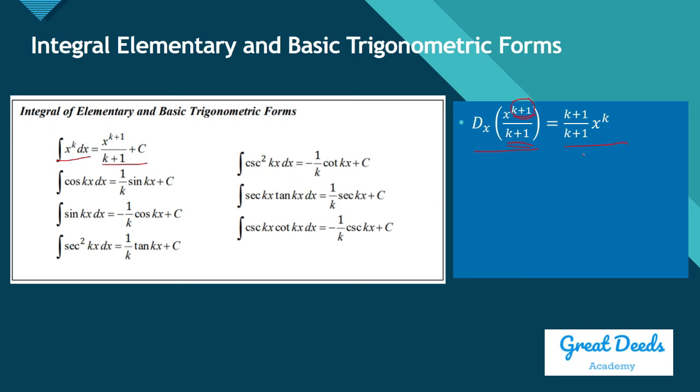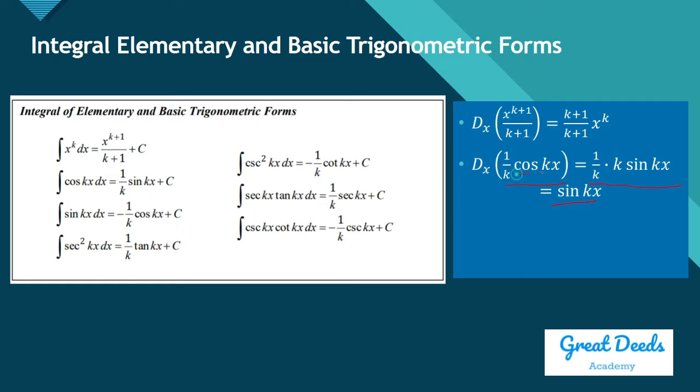This is what you call the power rule when you studied differential calculus. The derivative of 1 over k times cosine of k times x is equal to this. And k divided by k is 1, so it is just equal to sine of k times x. Why is that? Again, use your derivative. 1 over k, you can just leave as it is.